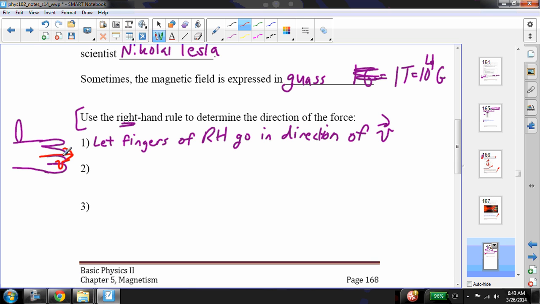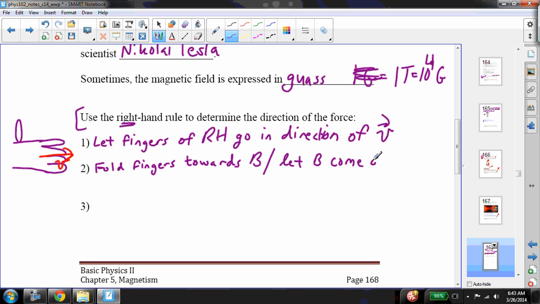You're going to either fold your fingers towards the magnetic field, or you can think about it in a different way: you can let the magnetic field come out of your palm. Either way is okay. So here, I'm going to use a symbol for my magnetic field.